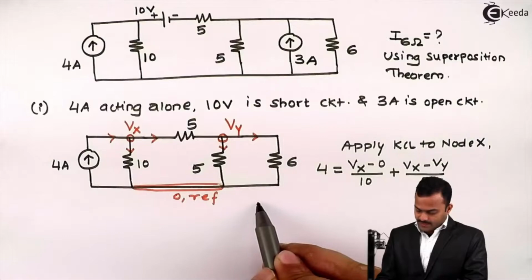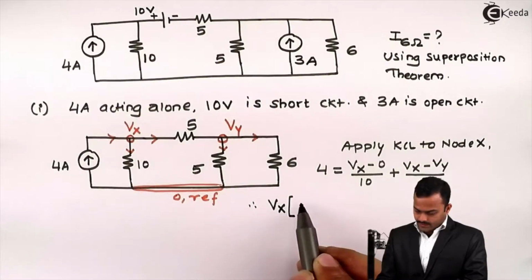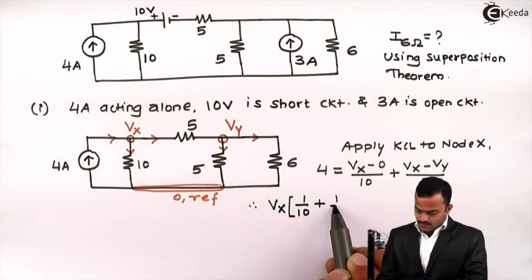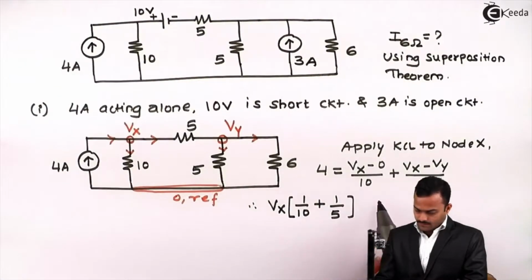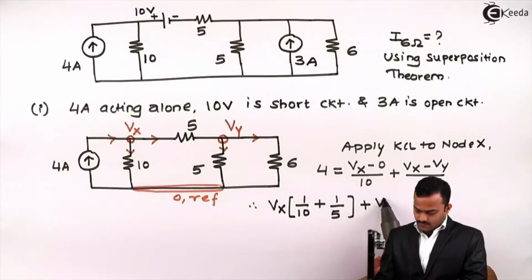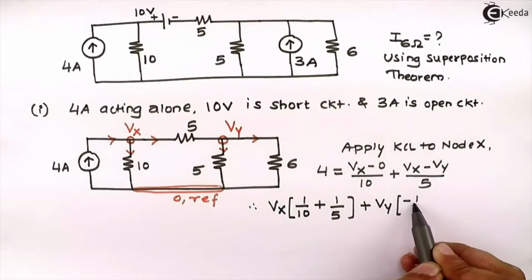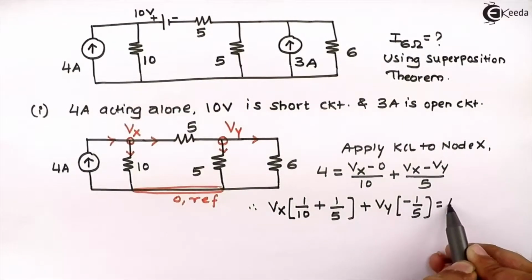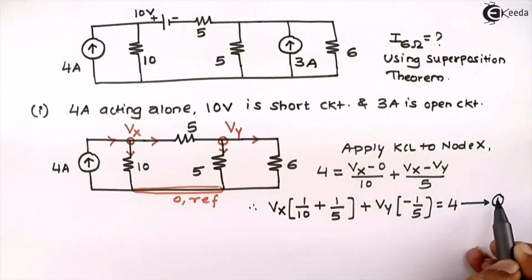I can simplify this, so it will become Vx(1/10 + 1/5) + Vy(-1/5) = 4. Equation number 1.